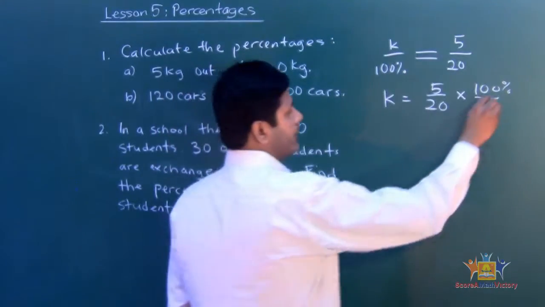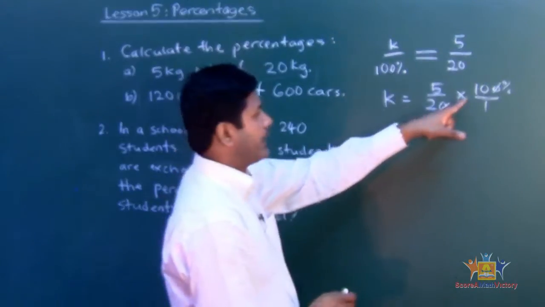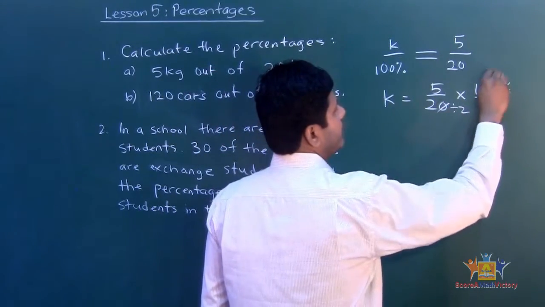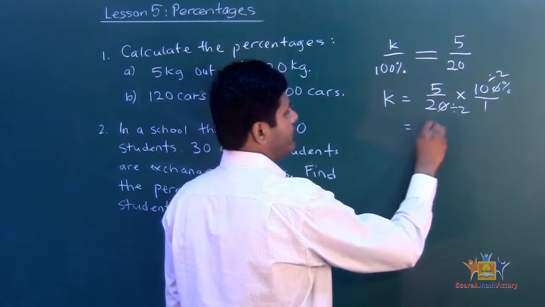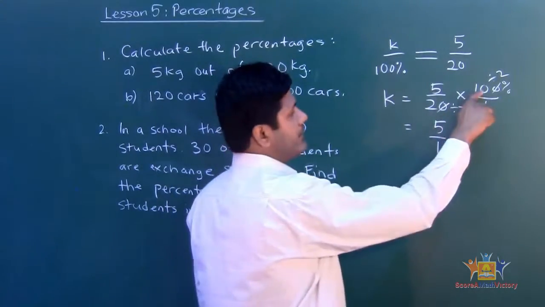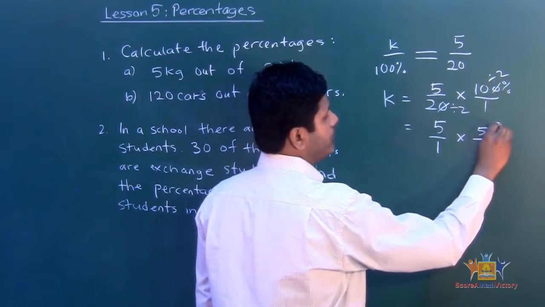Now what do I do next? Simplify. I'm going to cancel the 0 and 0. I can divide 20 by 2 and I can divide 100 by 2, so 5 over 2 divided by 2 is 1, and 100 divided by 2 is 50 over 1. Make sure you put the percentage.